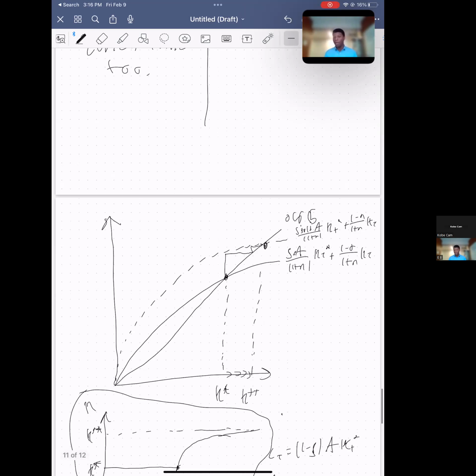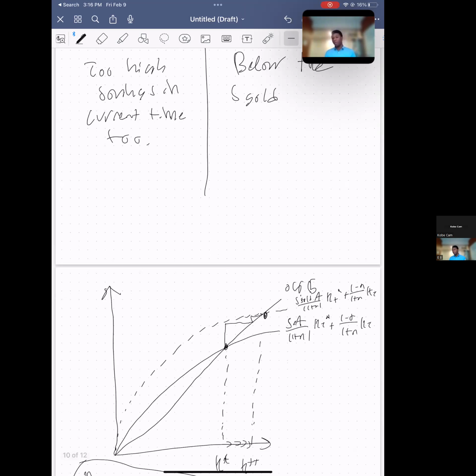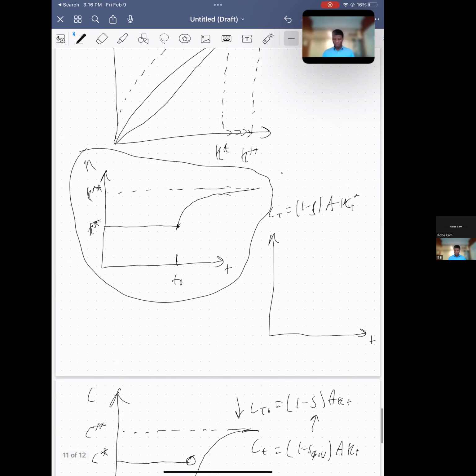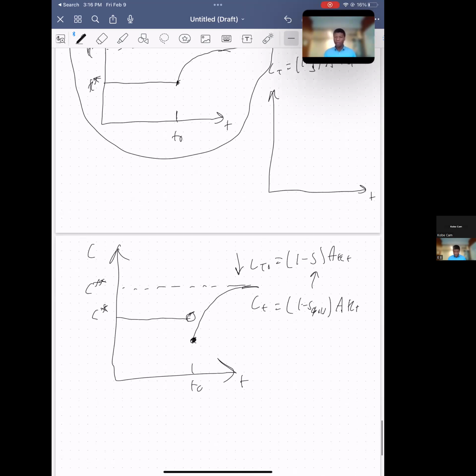I might be very happy with the fact that in the current term, I'm consuming way more than I would if I went to S gold right now. So see this jump. Remember, this dip happens if we increase our savings rate. So if I'm interested in consuming, I may prefer to just stay where I am. S gold may not be that good for me because I know that's going to happen in the future. I may be dead in the future. I don't really care about what's happening in the future if I'm going to be dead. So I'm just going to consume what I am right now.